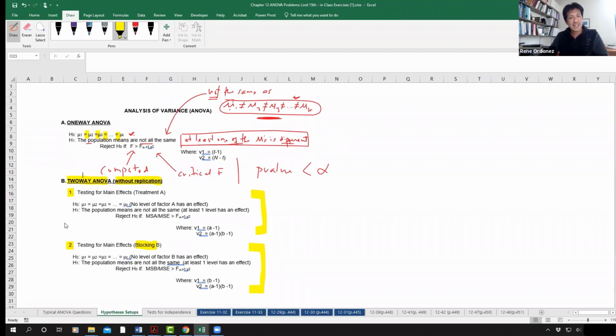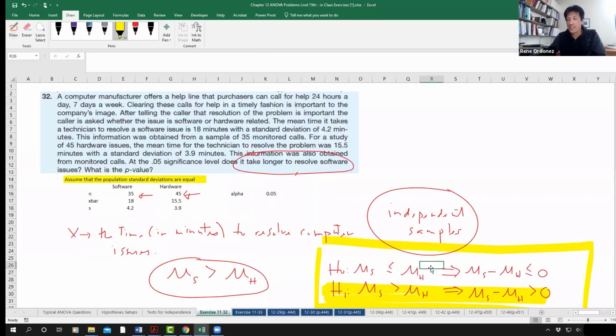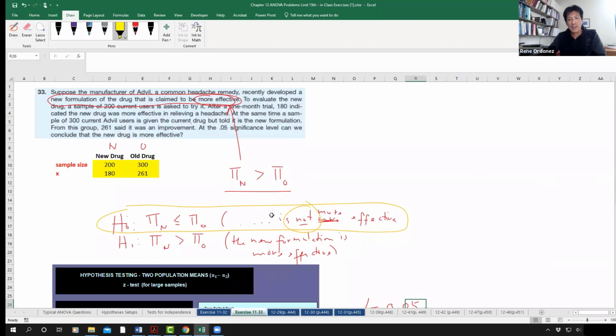That is, we will state the null hypothesis that the means of the groups in whatever treatment or factor are all equal. Another interpretation of the null hypothesis is that no level of factor A has an effect. So this is similar to when we do hypothesis testing in the one-way ANOVA.